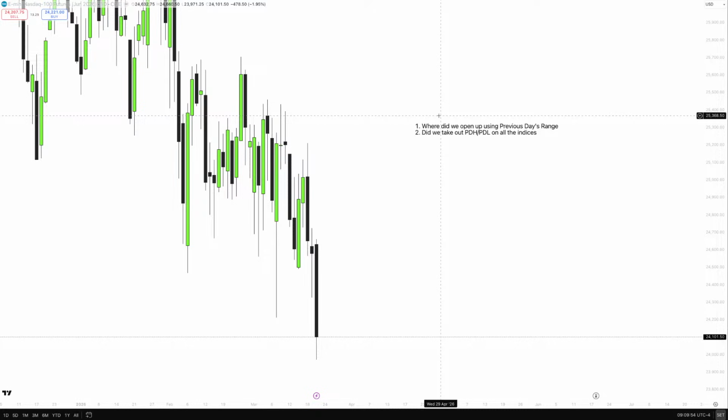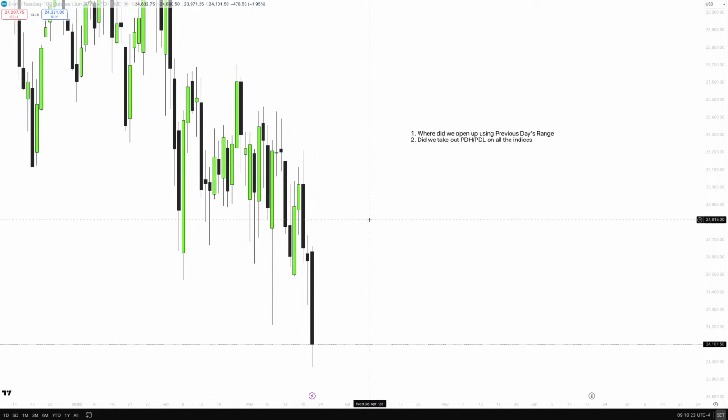But if you see there a crack in correlation, let's say in this case, NQ opened up in the upper quadrant of previous day's range, ES also, but YM did open up in the lower half of previous day's range, then you can see, okay, one of the indices is doing something completely different, and that could be the first warning sign for you to see if this one index that is not doing the exact same thing as the other two indices is either the one that is doing the manipulation or the one that is leading the market and telling the truth.